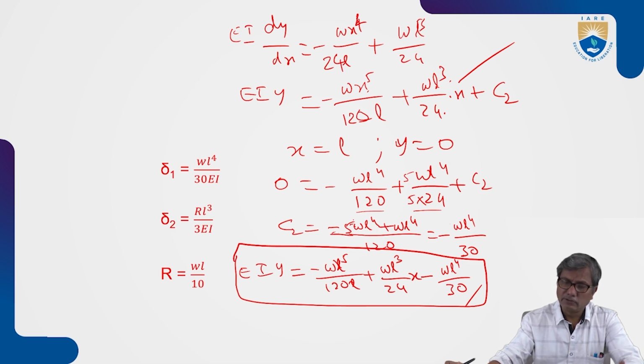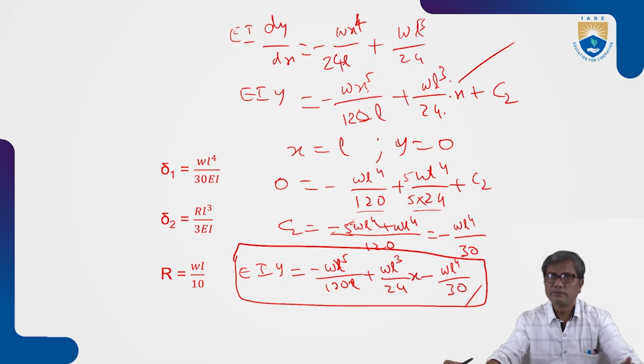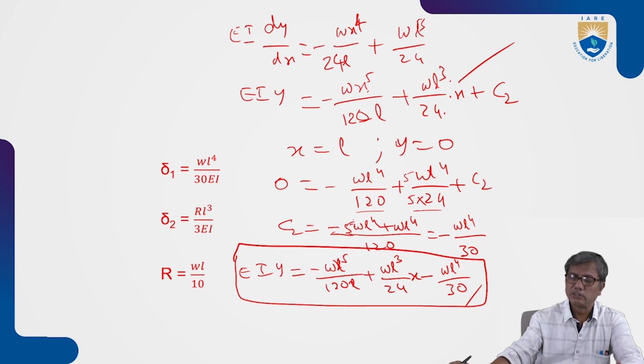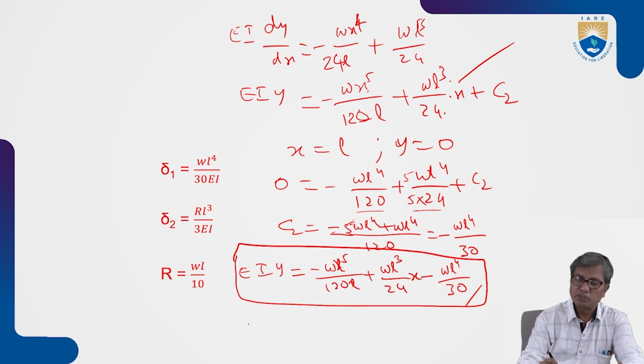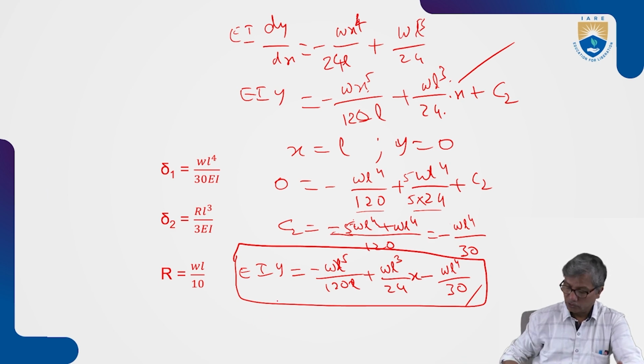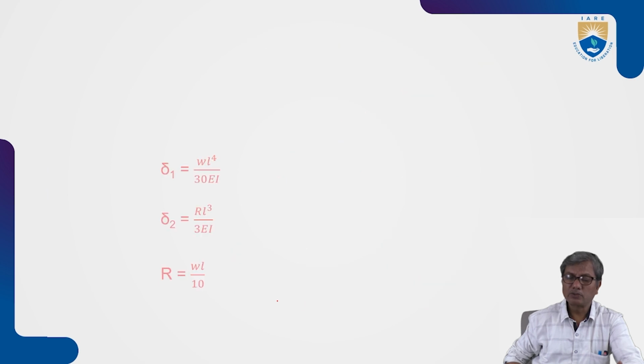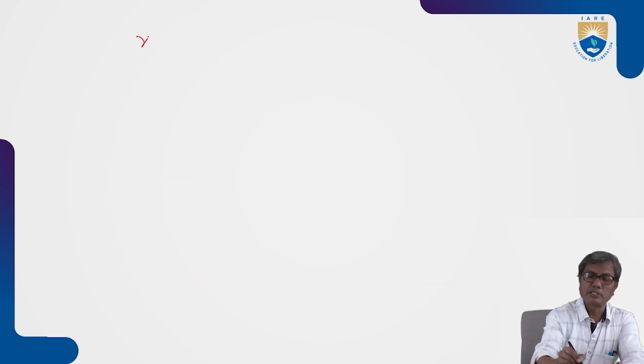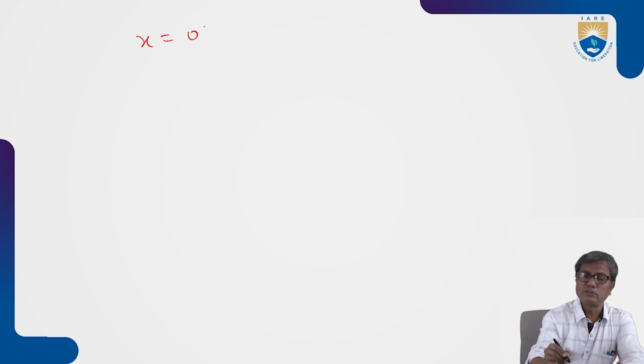Now, we want the deflection at free end B, isn't it? So, for that, we substitute x equal to 0. So, by substituting x equal to 0 in the above equation, the deflection at B is taken as delta 1.